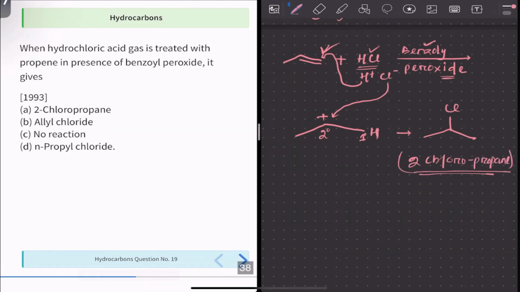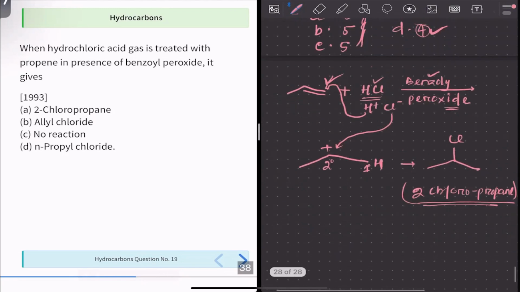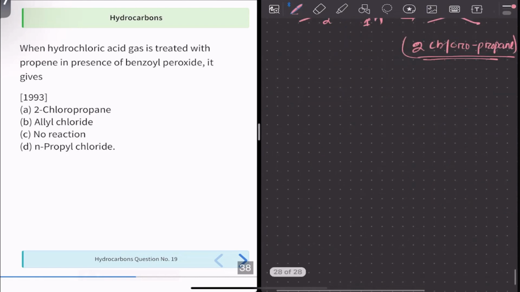Or else you can directly follow Markovnikov's rule: the more substituted carbon atom will have the halogen. Here the most substituted carbon atom is the middle one, so chlorine will be attached here. So option A is the correct option.